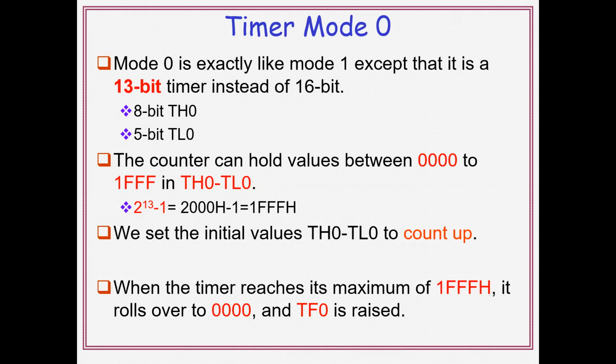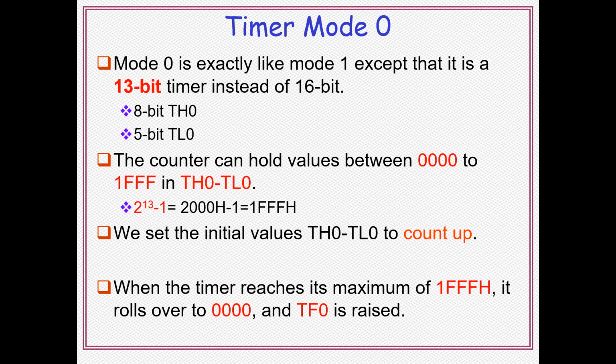So the counter or timer can hold values between 0000H and 1FFFH in TH0 and TL0. That indicates 2 power 13 minus 1, that is 2000H minus 1, which equals 1FFFH. The maximum value is 1FFFH.